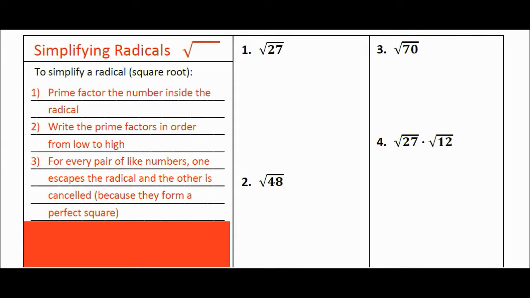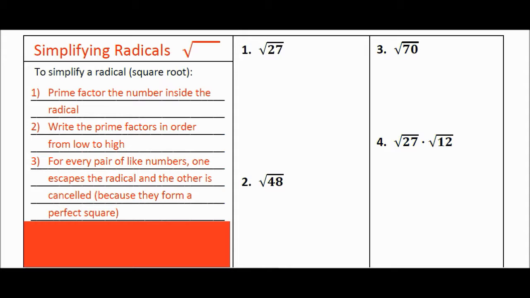Next step, for every pair of like numbers, one escapes the radical and the other is canceled or crossed off. And that's because they form a perfect square. For instance, if you have 2 3s as part of your prime factoring, 3 times 3 is 9, and we know the square root of 9 is 3.